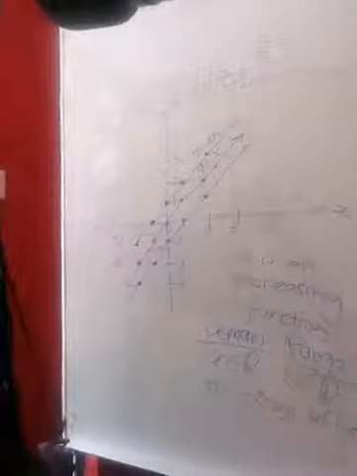Right, if you join the points, like I said, if you are having a graph paper, it should also be a straight line, and you will label the graph x minus 1.